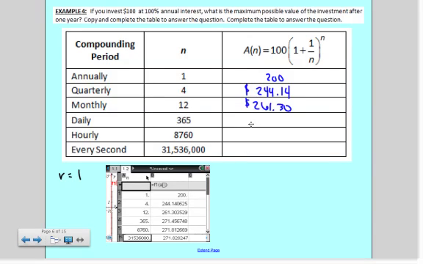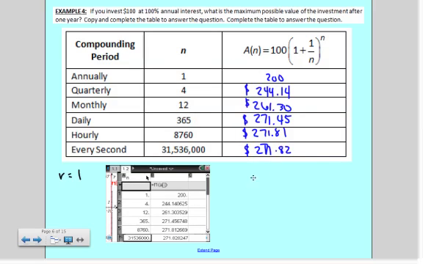If I compounded it daily, I would have $271.45. If I compounded it hourly, oh goodness, I would have $271.81. And if I compounded it every second, I would have $271.82.